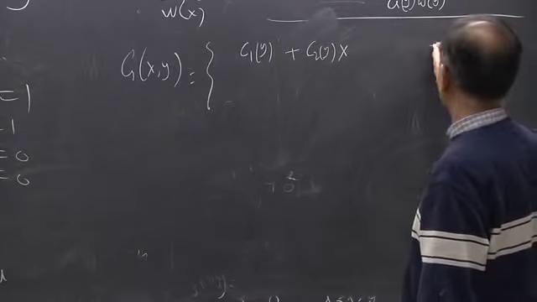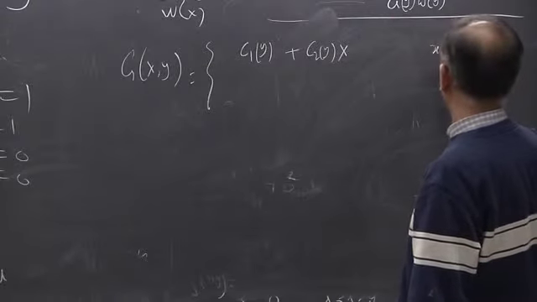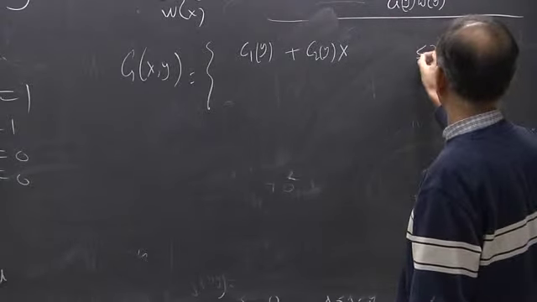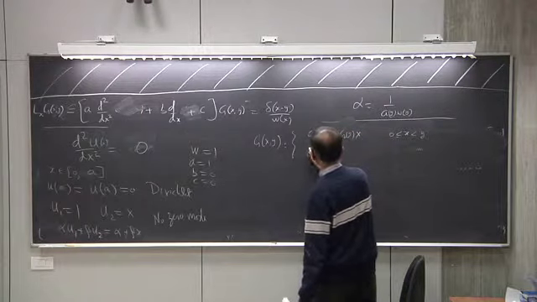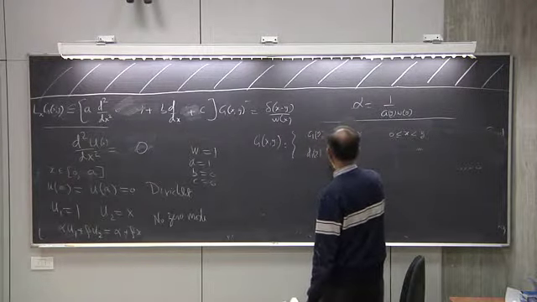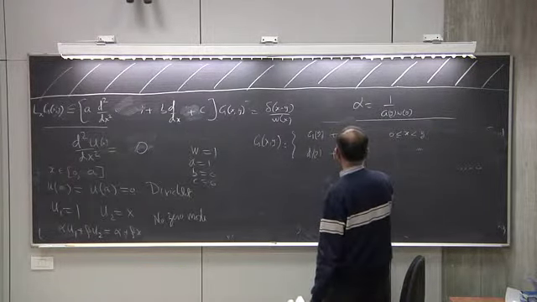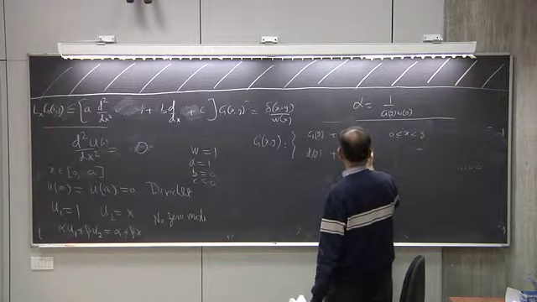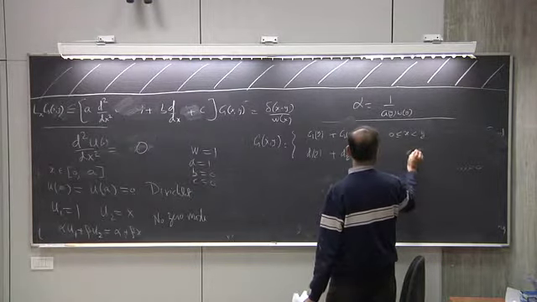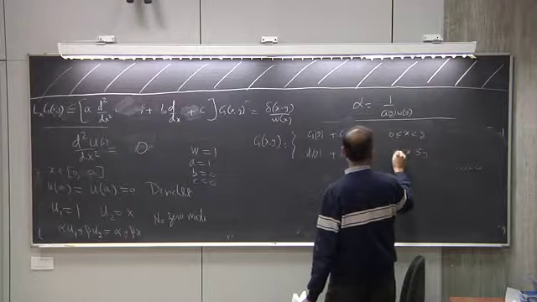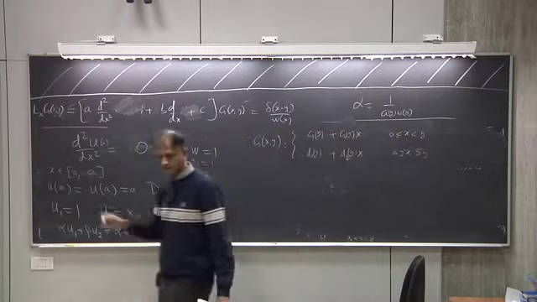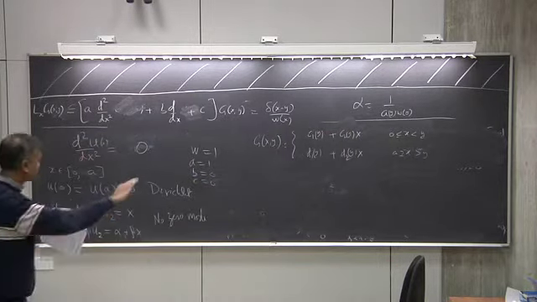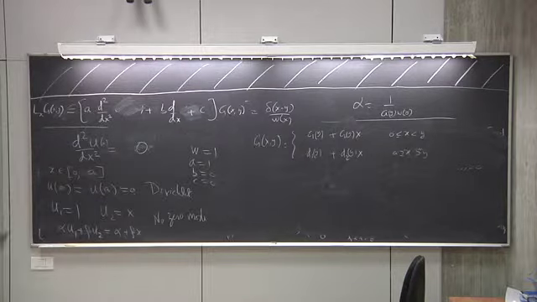This is in the region x less than y, greater than 0, and then d1(y) times u1, which is 1, plus d2(y) times x in the region where x is greater than y. So in the two regions, x less than y and x greater than y.